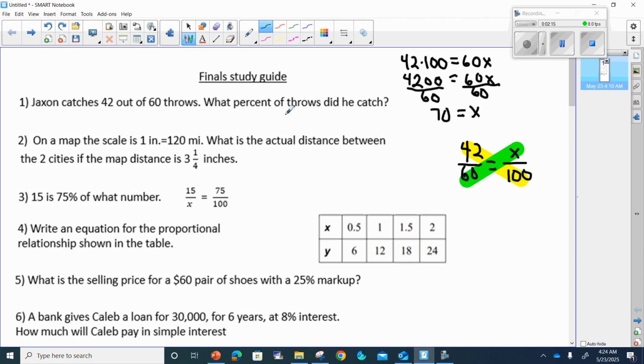So our answer is 70%. All right, so x equals 70. Remember, the percents go on the one side, and the numbers go on the other. All right, let's go on to the next problem.